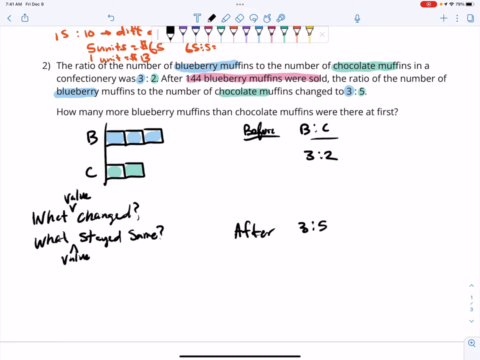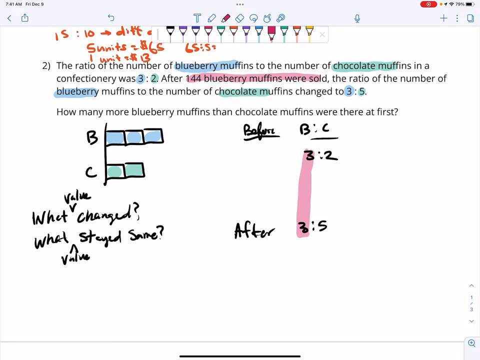Those are going to be really important questions because in here, the only type of muffin that was sold was blueberry. So the only one that was changed is going to be this amount here. Even though if you look at that, those terms, 3 and 3, they are the same. So that must mean that the value of each of those units had to have changed.